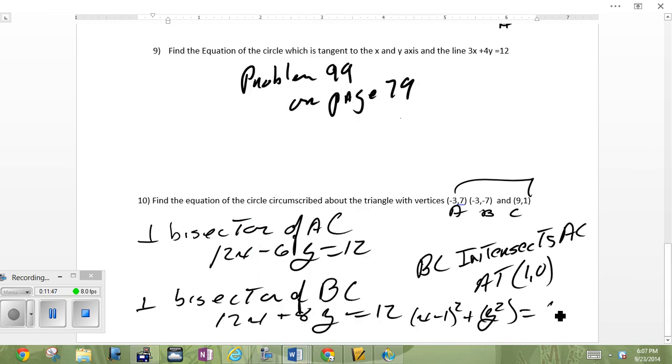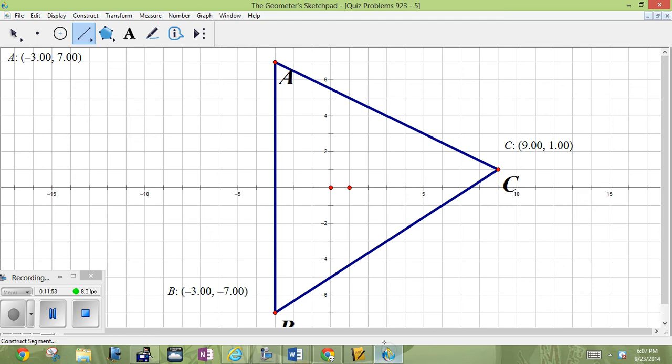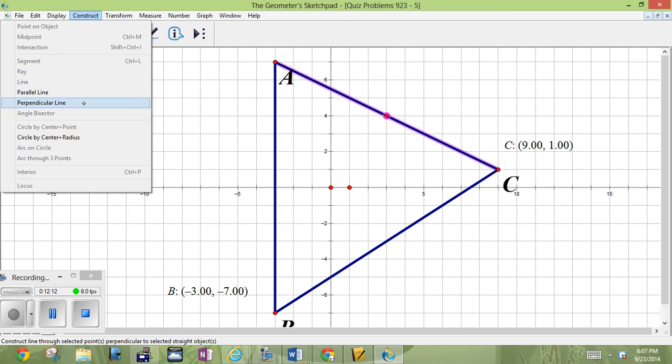So that's 8.06 squared. Now let's just demonstrate that Sketchpad gives me the same thing. Here I found the midpoint there, and from that I constructed the perpendicular line.